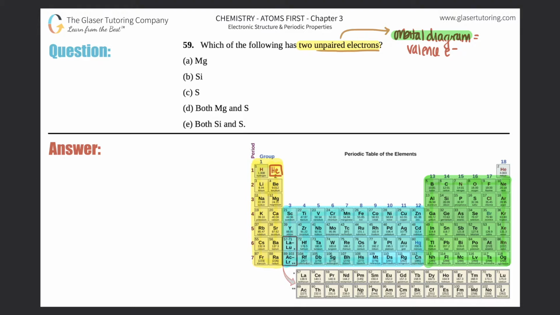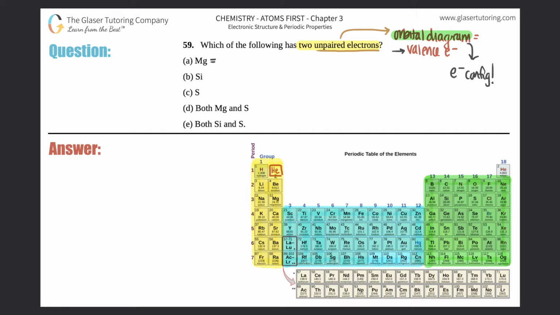When we draw orbital diagrams, we have to draw them from their electron configuration. So we first have to figure out the electron configurations. I'm going to do the shorthand version, because unpaired electrons always come from the valence electrons, which are found in the outermost shell. Let's first find the electron configuration for magnesium.